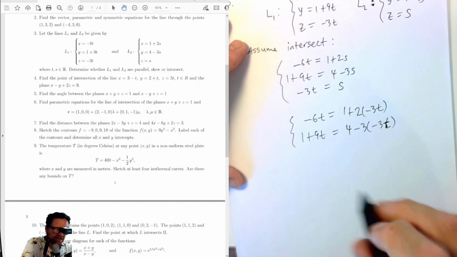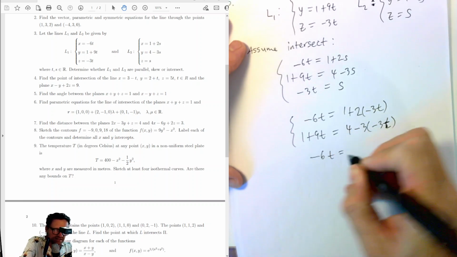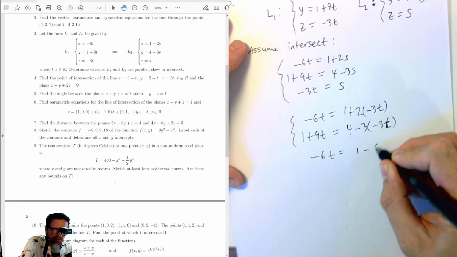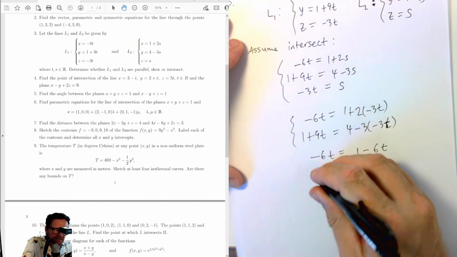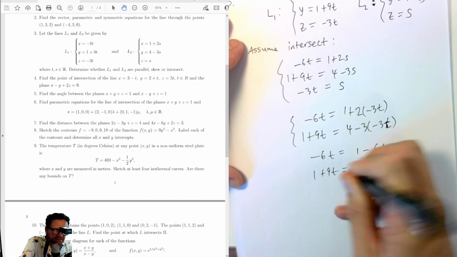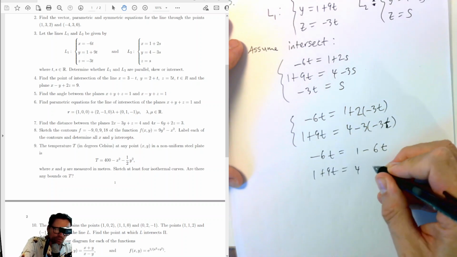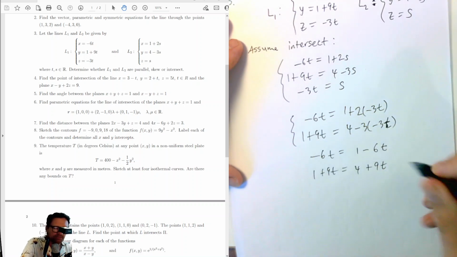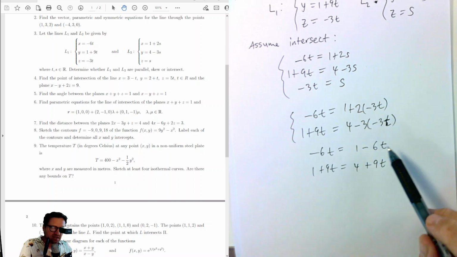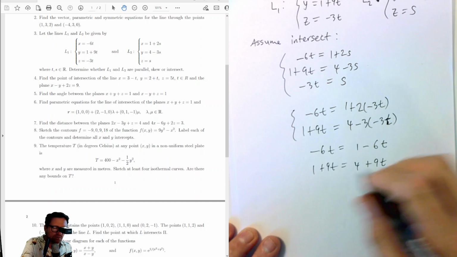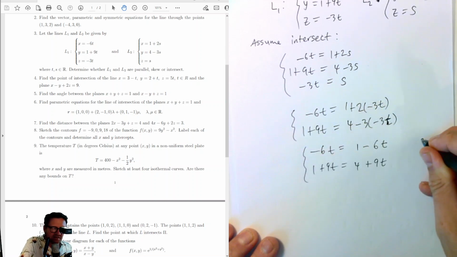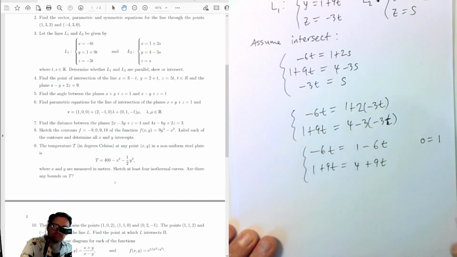So this system says then minus 6t is equal to 1 minus 6t. And the system below says 1 plus 9t is equal to 4 plus 9t. Now you can see that we have the same t term on left and right. So this says that 0 is equal to 1.